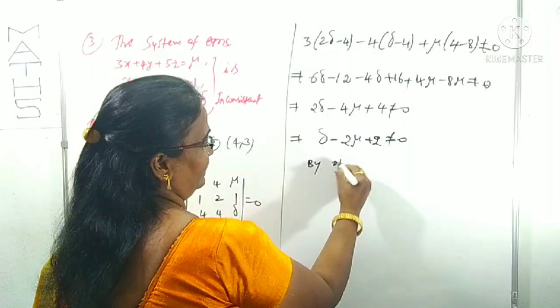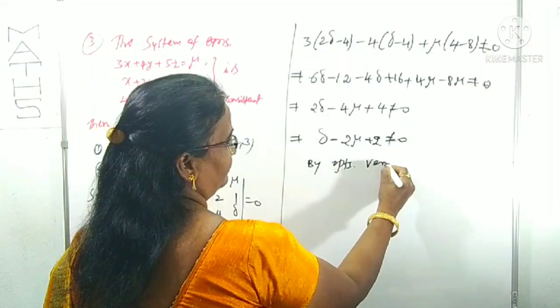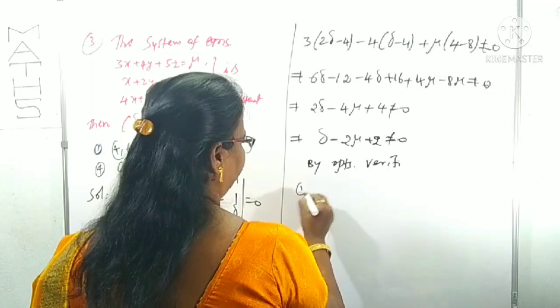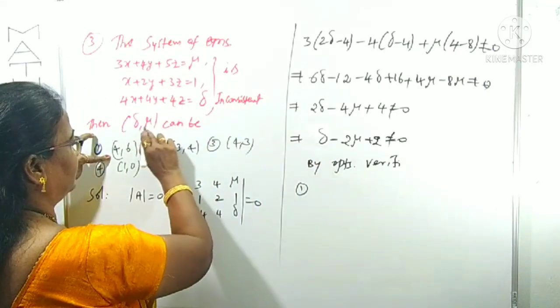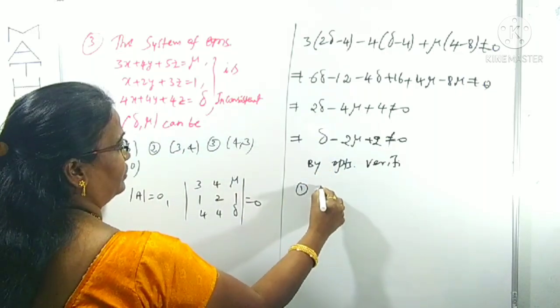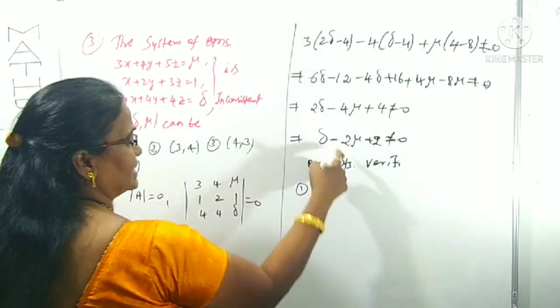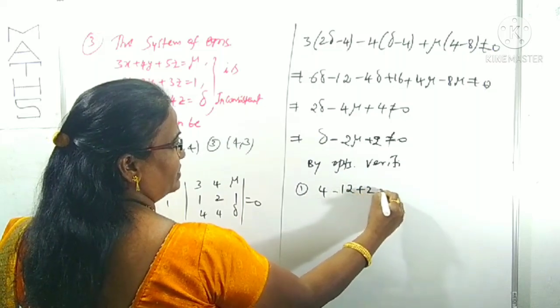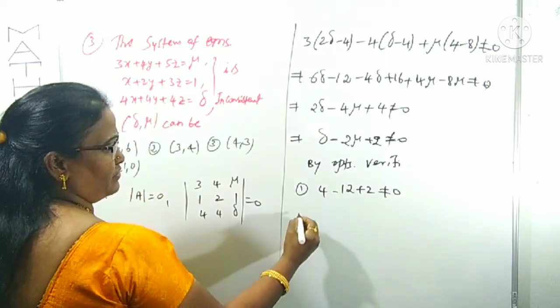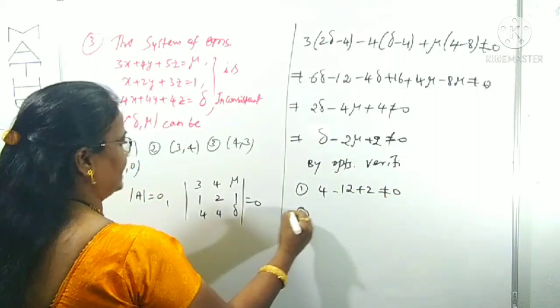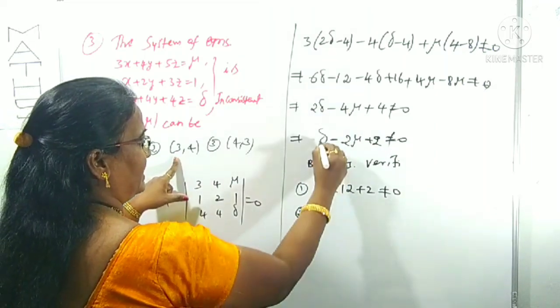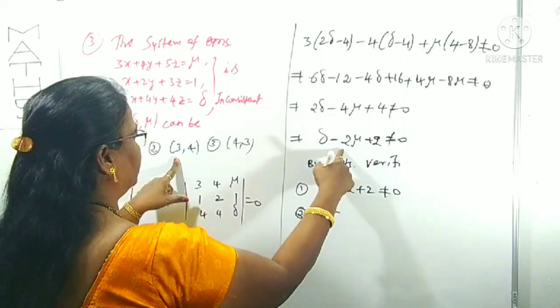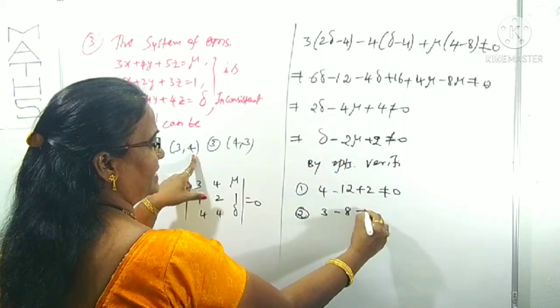By options verification, what about the first option, 4, 6? Verify the 4, 6 in place of delta and mu. Delta is 4, mu is 6: 4 minus 12 plus 2 is not equal to 0. Now the second option, 3, 2: in place of delta 3 and mu 2 into 4, 8 plus 2.